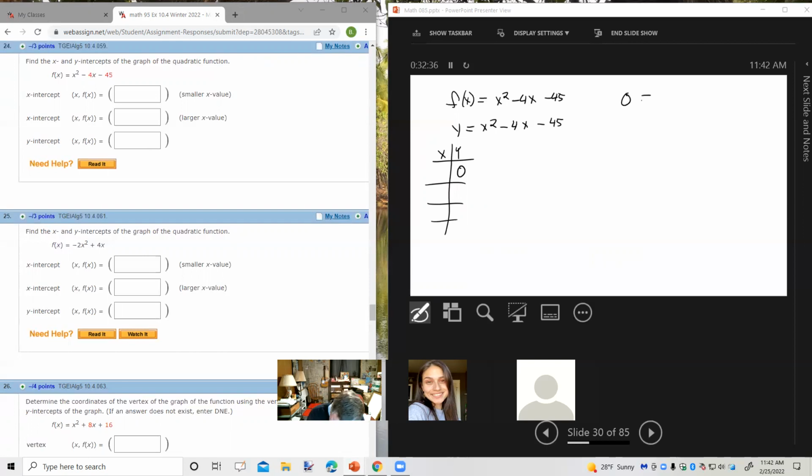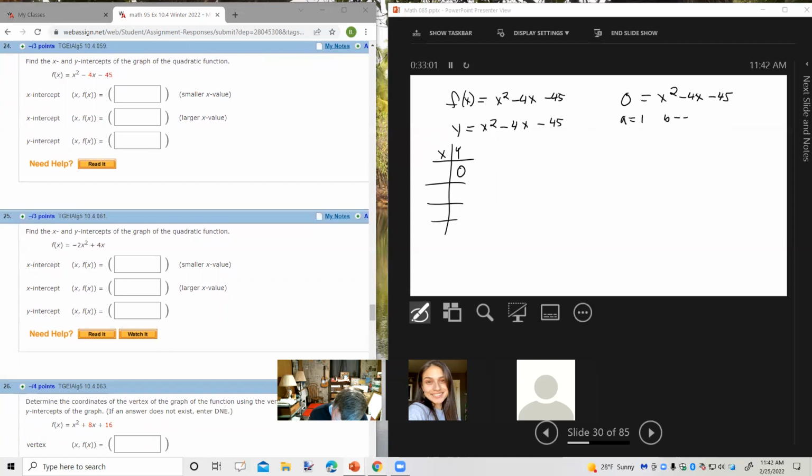So we have this. How do you solve a second degree equation set equal to 0? Well, back in chapter 6, we learned how to do it by factoring, and we could try and see if it factors, and I think it does, but we could also use the quadratic formula. So let's see what happens when we use the quadratic formula, okay?